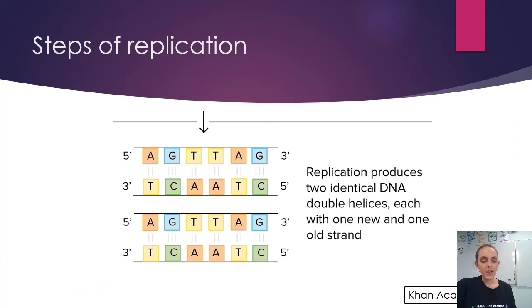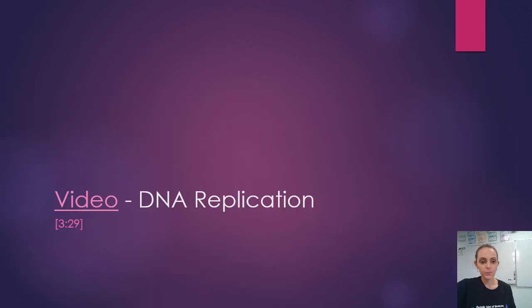At the end of replication, we end up with two identical DNA double helices. Each has one new strand and one old strand from the existing double helix molecule. There's a video here that you can watch in my PowerPoint if you click on the link.